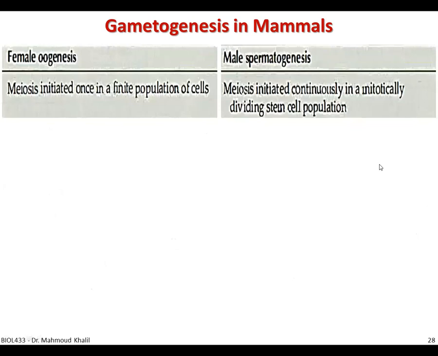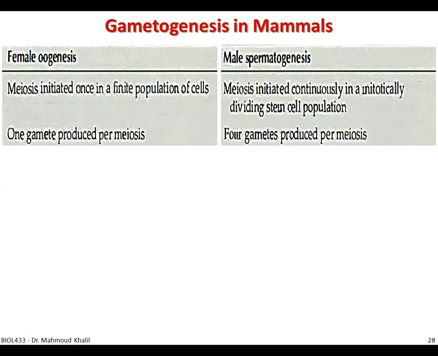So this is a comparison between the process of female oogenesis and male spermatogenesis. In oogenesis, meiosis is initiated once in a finite population of cells. So all females have only a certain number of ova, while in males meiosis is initiated continuously in mitotically dividing stem cells.